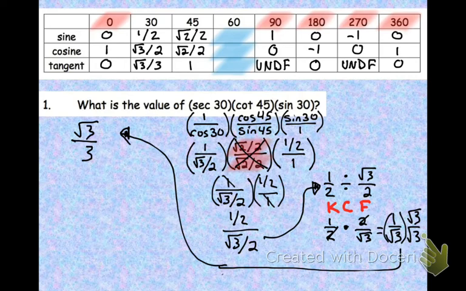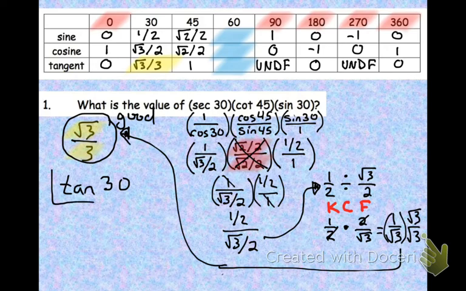And the only thing I'm going to say is that if you wanted to be super, super fancy, you would look up here and you'd say, okay, this is radical 3 over 3, which is right here, which is the tangent of 30. So this is a good answer. This is a great answer.